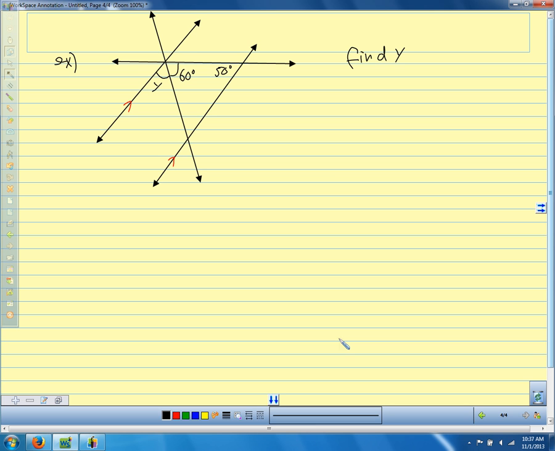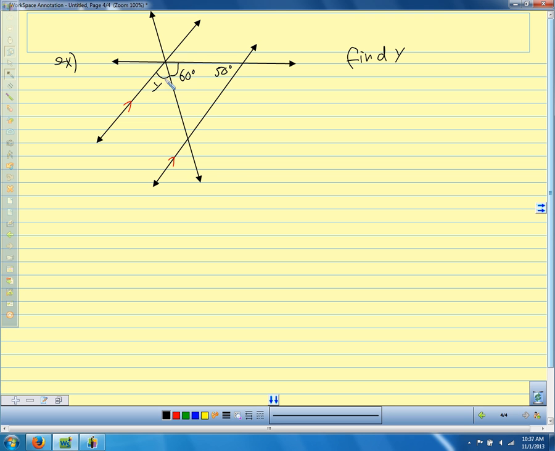So there are a couple of ways that I thought of doing this. Does anybody have any ideas? Okay, so Faye says let's add 60 and 50 and y, and that would have to equal 180. So are you saying that this angle here is 50 also?